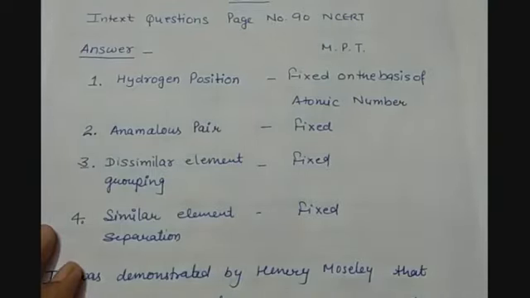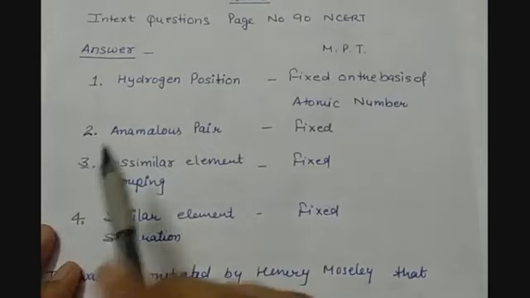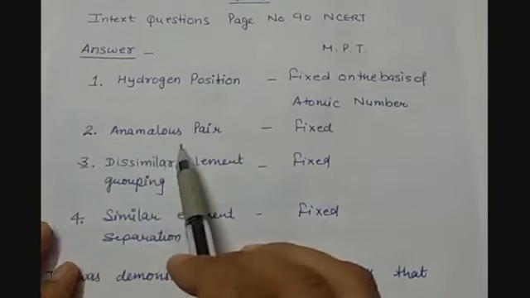But in the modern periodic table, the basic law which was followed is that atomic number is the more fundamental property, and that is why elements were arranged in the increasing order of their atomic numbers, and hence hydrogen was given the first position. So this problem was fixed. Second defect in the Mendeleev's periodic table was anomalous pairs.